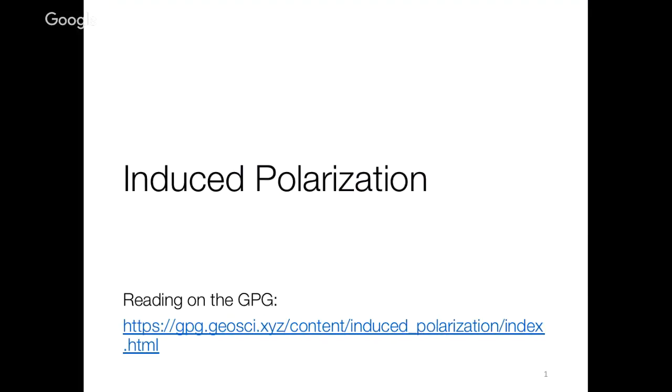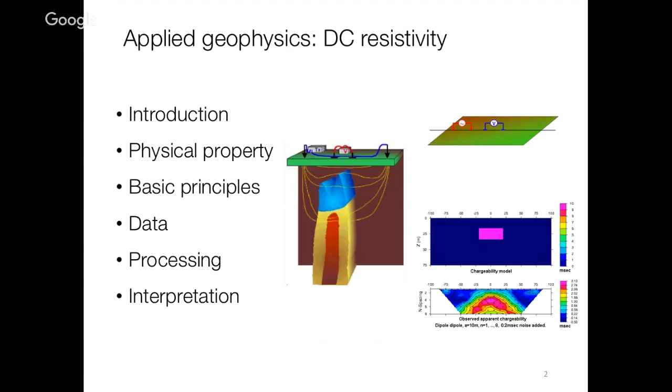So I want to talk about induced polarization. So this actually looks familiar. Right? This is the same kind of thing that we did in DC resistivity. We put a current into the ground, and that current went through a body, and then we measured the electric potential. And these pictures are very similar to what we had before.